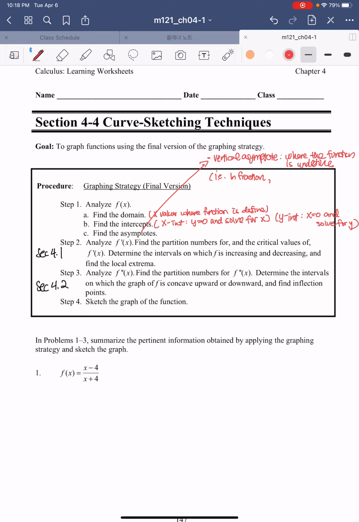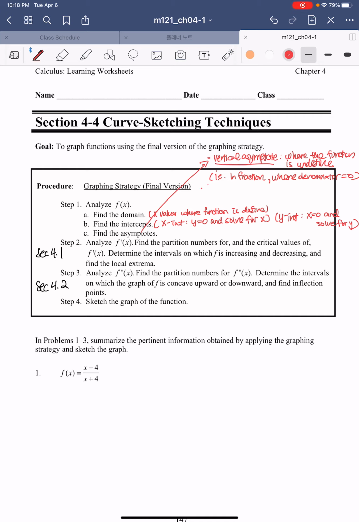Because that's where the function is undefined.